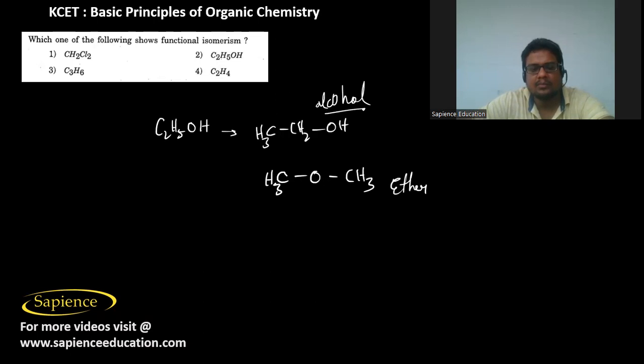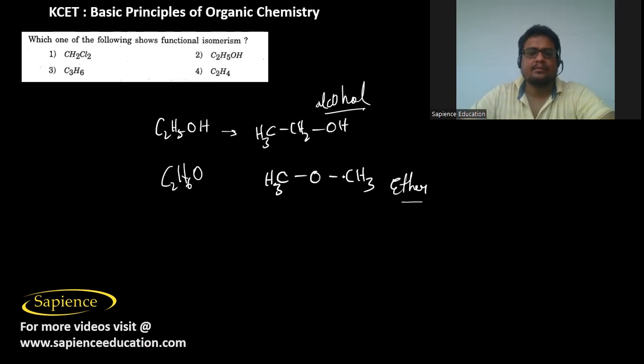They both have the same molecular formula, which is C2H6O, but the functional groups are not the same. The alcohol group is not the same as the ether group, so they are functional isomers.